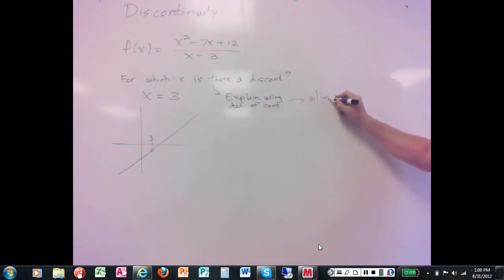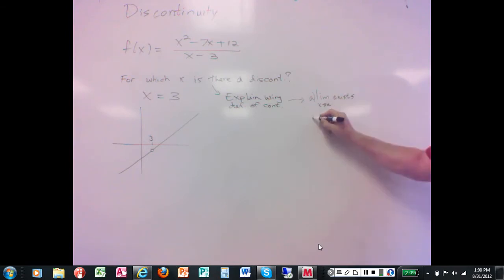The limit as x approaches a exists, the function value at a exists, and then the two are equal, right? Those are the 3 things.